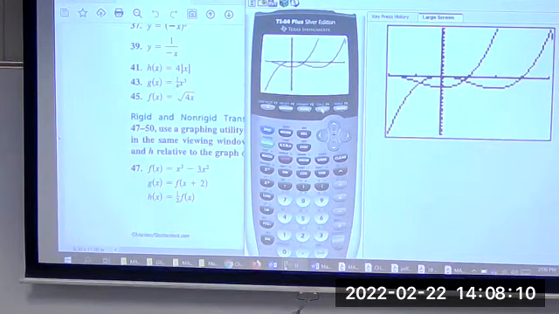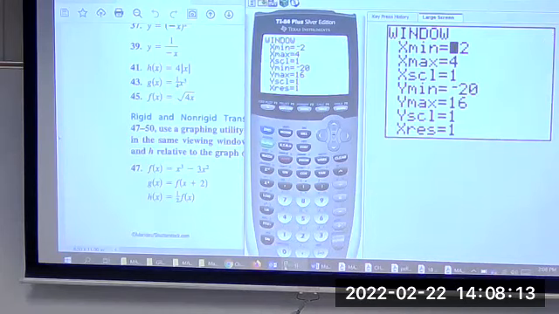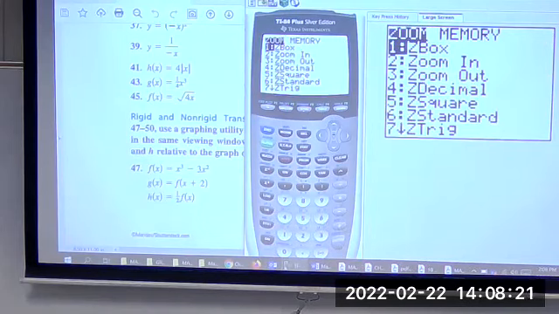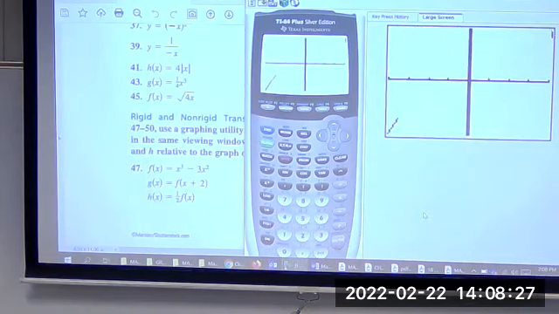And that means I need to increase my window. So here's the first one, the original. And here comes the next one.